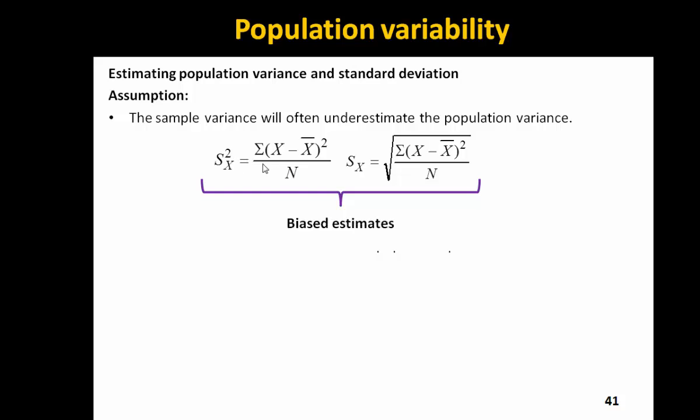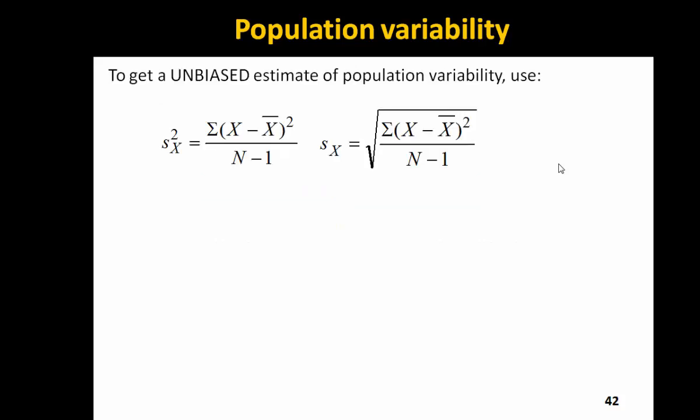But this presents what's called a biased estimate, and when we use this approach to calculate the sample standard deviation, it will tend to underestimate the population parameters in theory. And so what we wish to do is gain an unbiased estimate of that population variability.